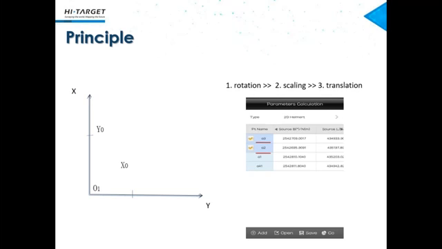This function is used for small projects, small areas, for example 2 kilometers by 2 kilometers, and you will get good accuracy.